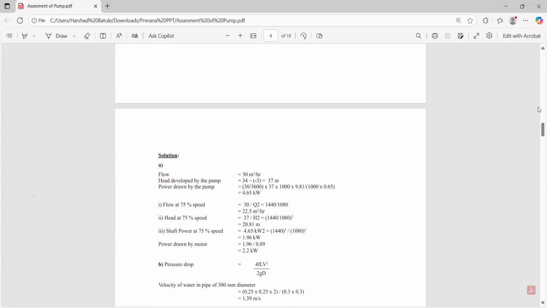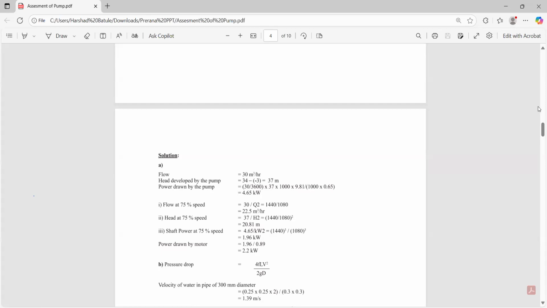But you need to get that data correctly. What is your system head requirement, system flow requirement? If you are capturing only the flow requirement of the system, but you are not taking head into consideration, you will be in trouble, because it is very important in your pumping system.